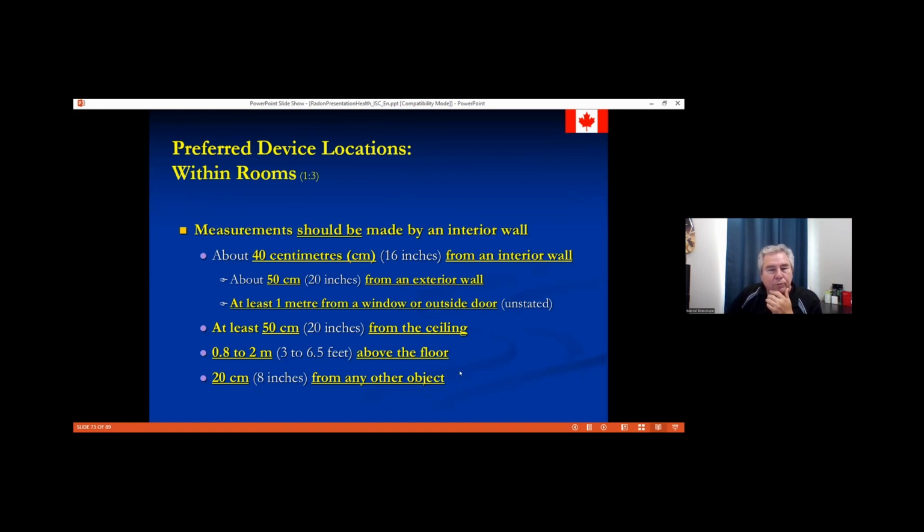So we don't want you putting a device in between books in a bookcase, as an example. You want some free-flowing air around your instrument.